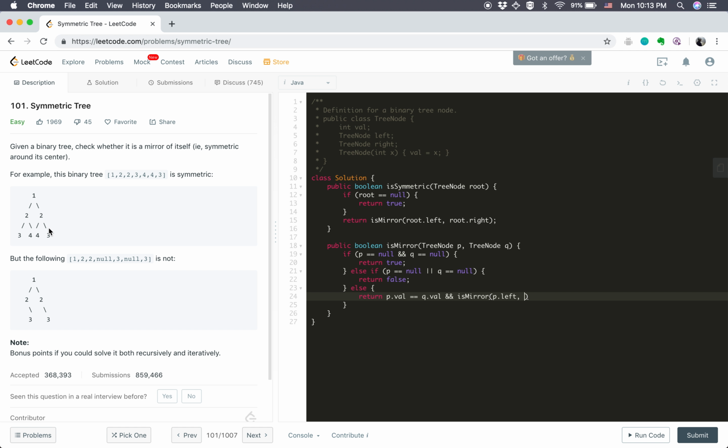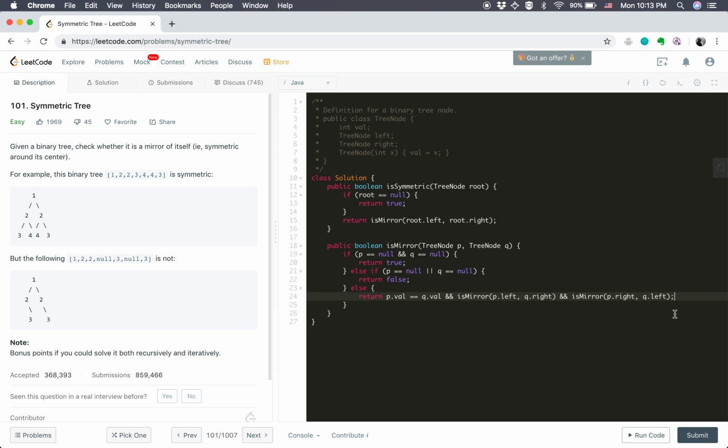Like I said before, the left subtree should be covered by the second tree's right subtree, which is q.right. And isMirror on p.right and q.left, which is the second part.